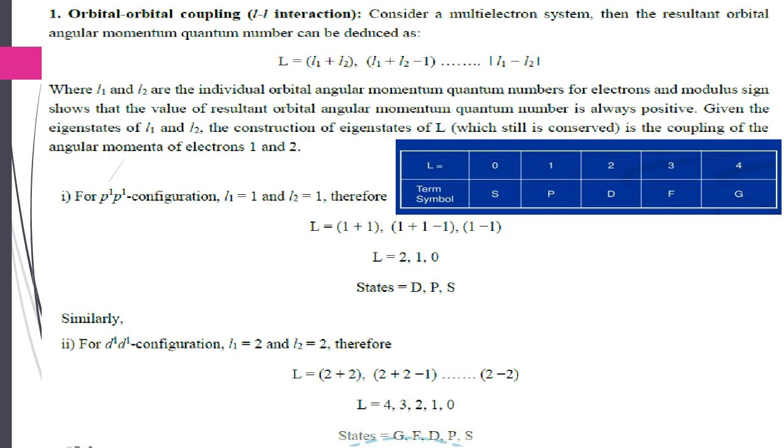The values lie from L1 plus L2 down to L1 minus L2.